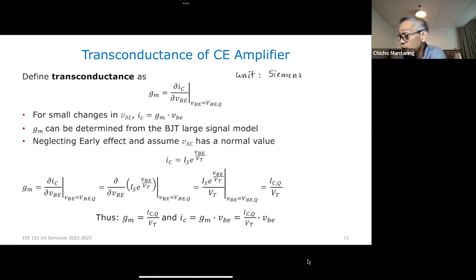So you recall our equation is I sub C equals I sub S times (e to the VBE over V sub T minus 1), times (1 plus VCE over V sub A). So we neglect the Early effect. So wala na to. Okay. And then if we assume that VBE has a normal value, then this is also going to be negligible.